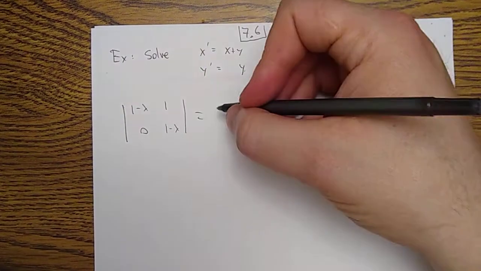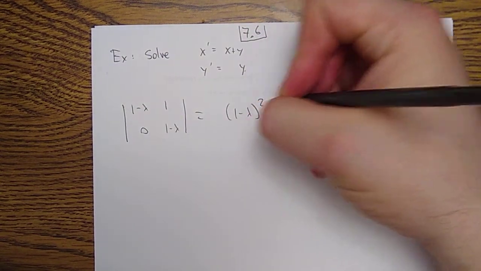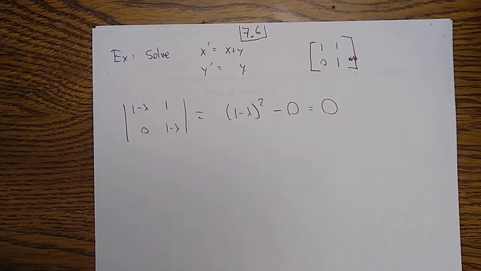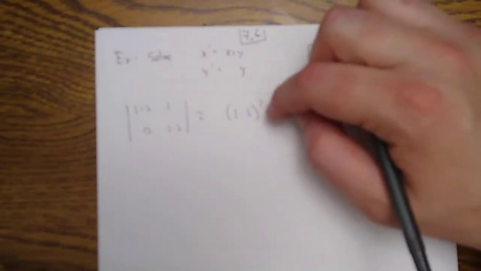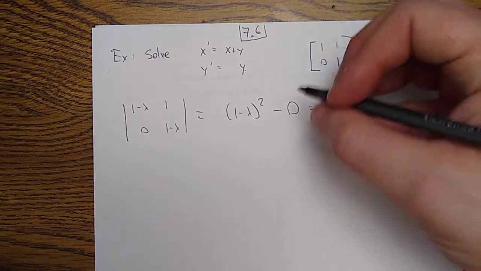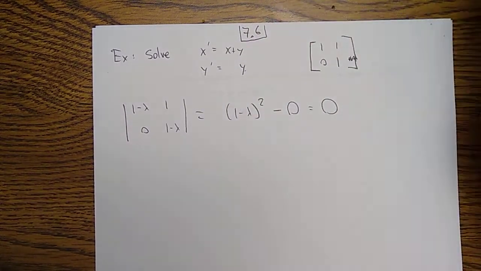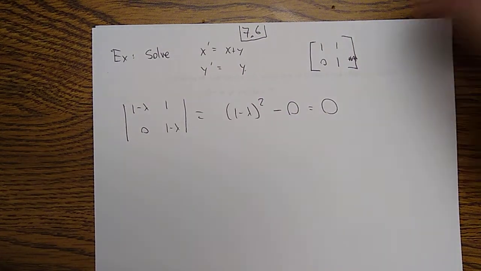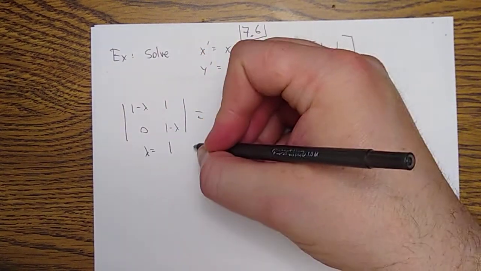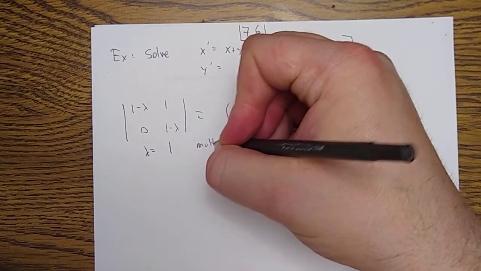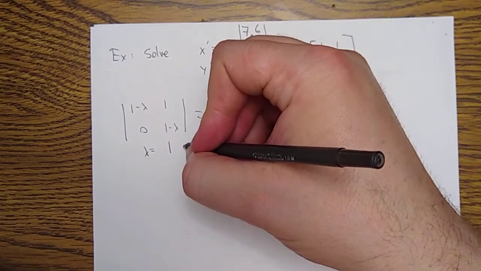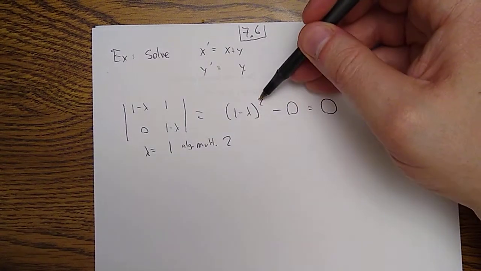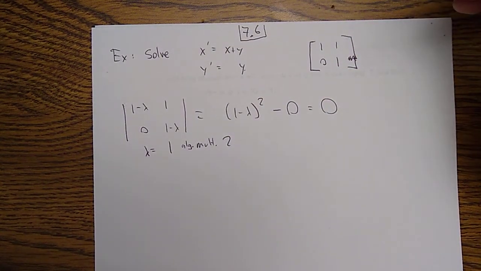This is easy. This is 1 minus lambda squared minus 0. So then what I should do is I should not multiply this out. Actually, this just tells me that lambda equals 1. And it also tells me that lambda equals 1 is a repeated root, this has an algebraic multiplicity of 2 because of this 2.